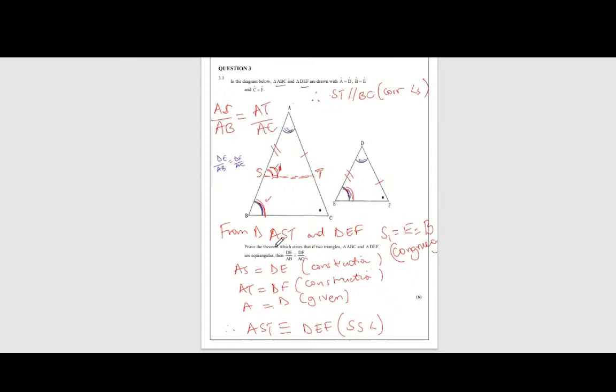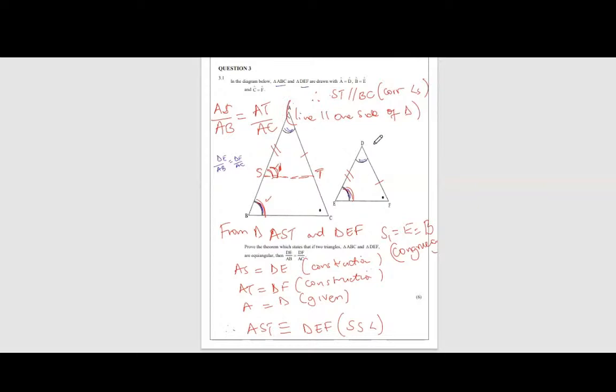But what reason are you going to give? We're saying a line that is parallel to one side of a triangle.